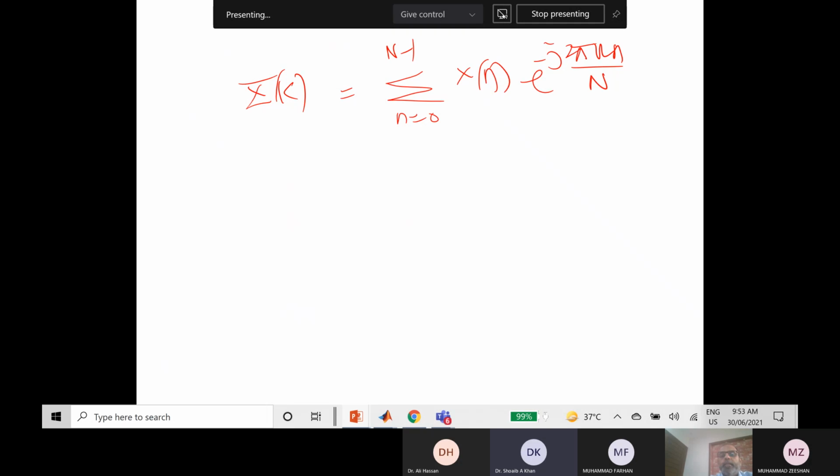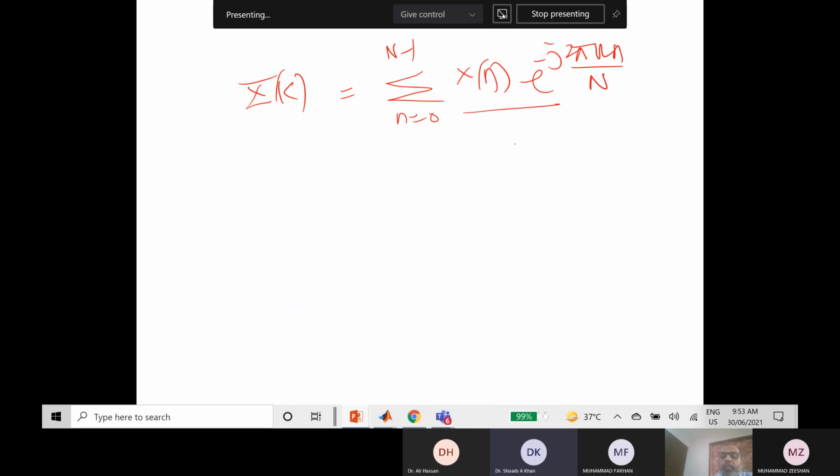The problem is that you require, for X of k equals the sum over n from 0 to N minus 1 of x of n exponential minus j 2 pi k n over N, okay?